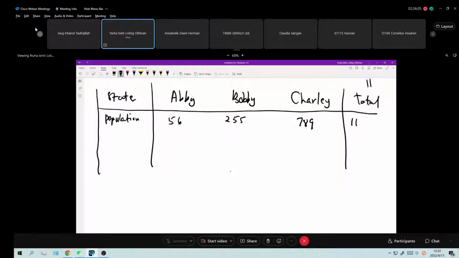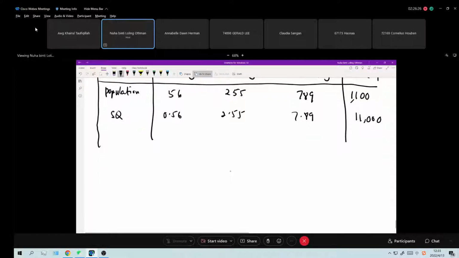So the total will be 1100. Dividing to find the standard quota, we get 0.560, 2.55 and 7.890.